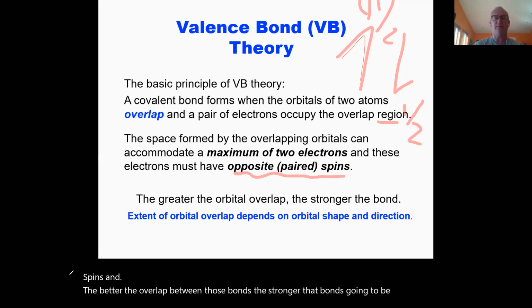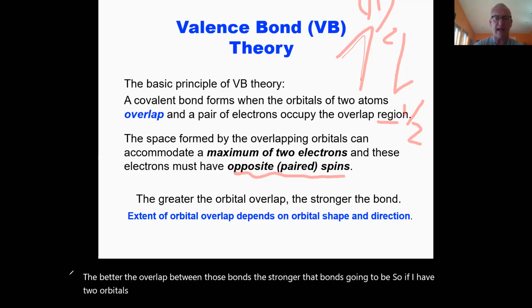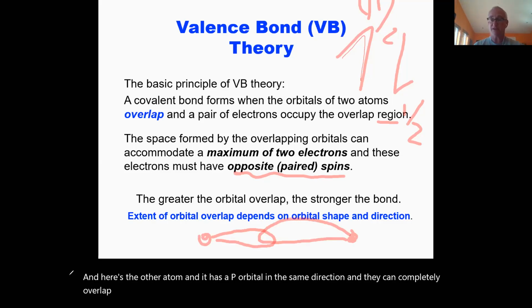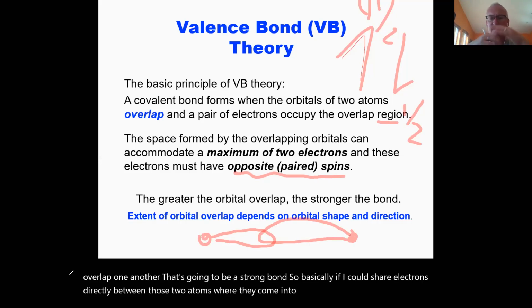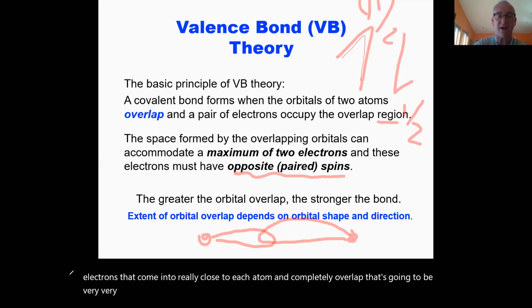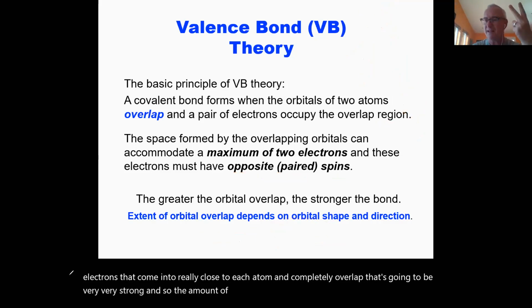So if I have, let's say, a p orbital in this direction, and here's the other atom, and it has a p orbital in the same direction, and they can completely overlap one another, that's going to be a strong bond. So basically, if I could share electrons directly between those two atoms, where they come into close contact with each other and completely overlap, that's going to be very, very strong. And so the amount of overlap depends on two things.